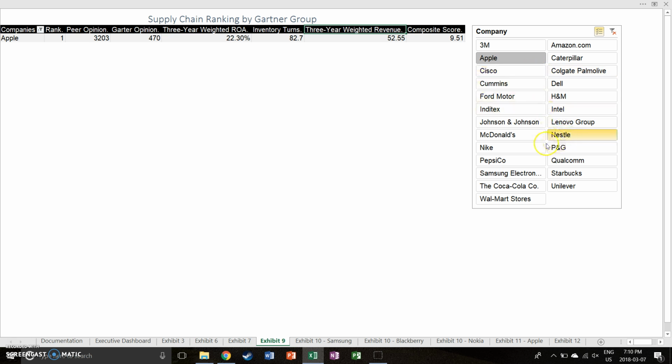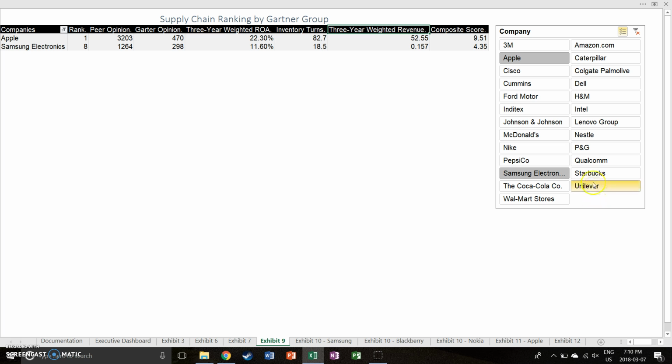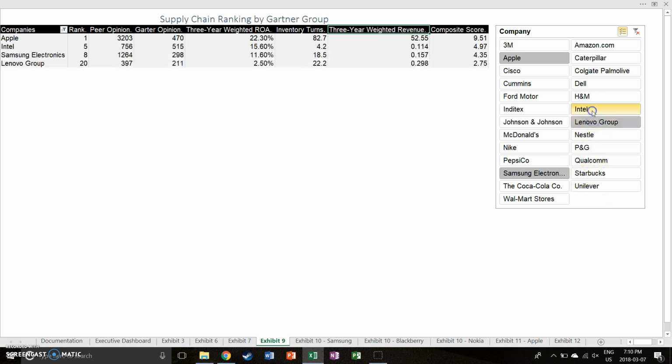If we look at some of their competitors here, like Samsung, specifically Lenovo, Intel, Dell, we can see that the weighted revenues are not even close for these companies. The composite score, it's way higher. The Gartner opinion of companies like Intel, I mean, they make processors, so they're not quite in the same industry, but they are in a relatively similar industry.